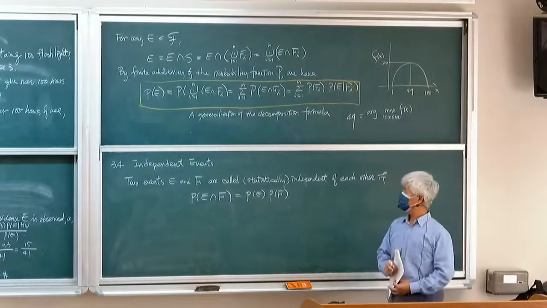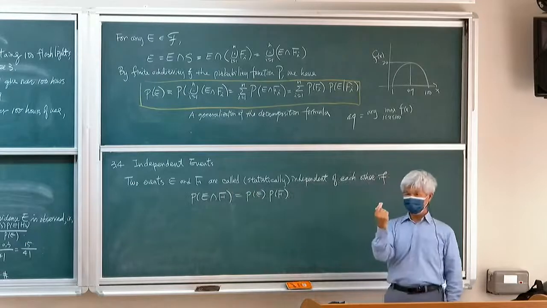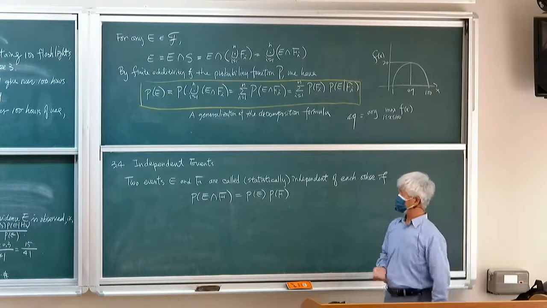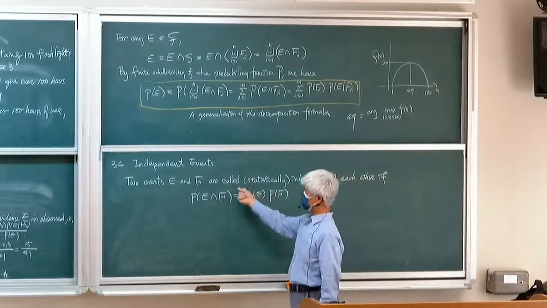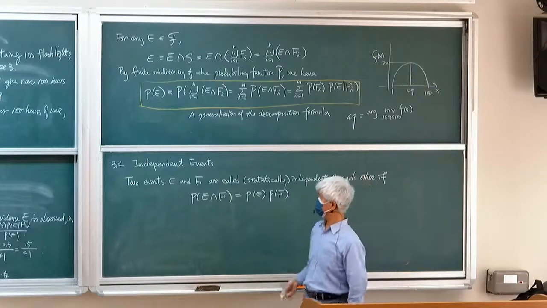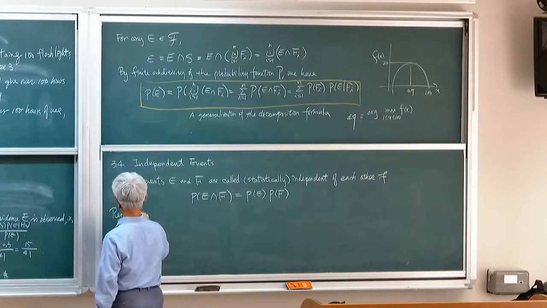So this is the very basic formulation of independent events, for two events. Now, let me give a remark.